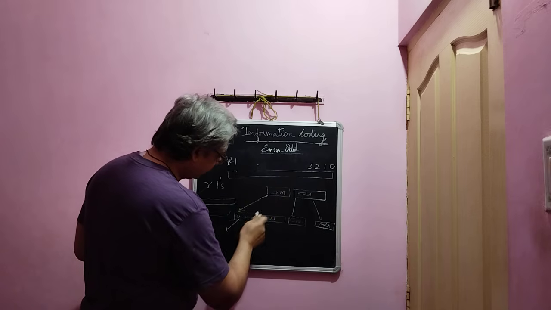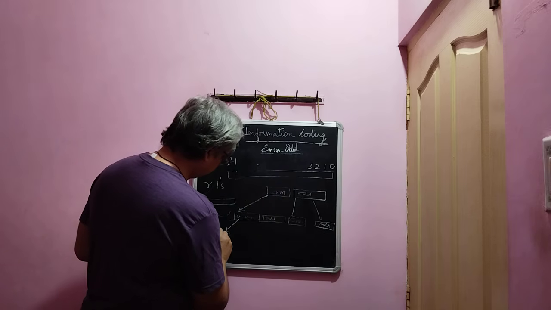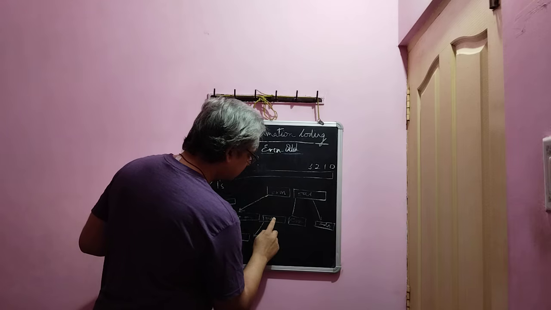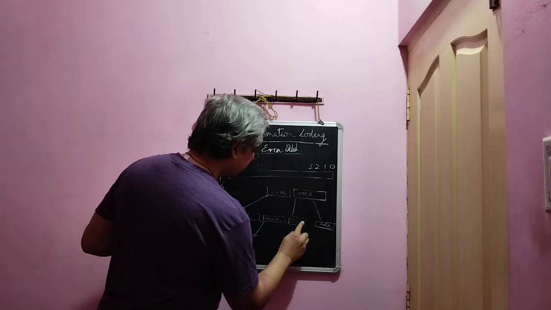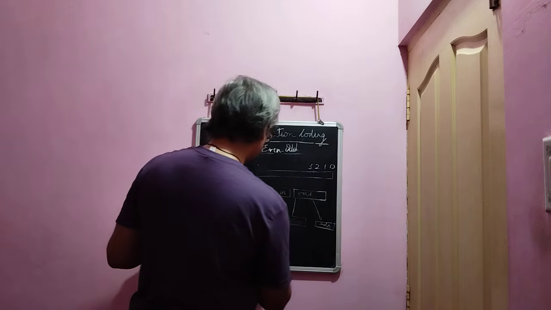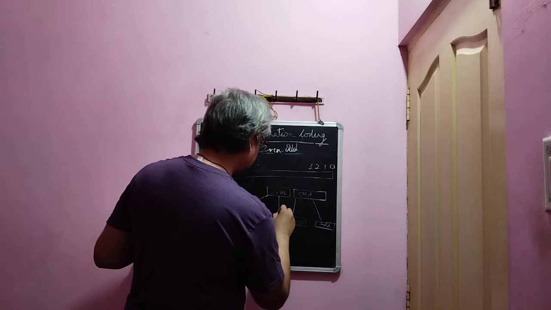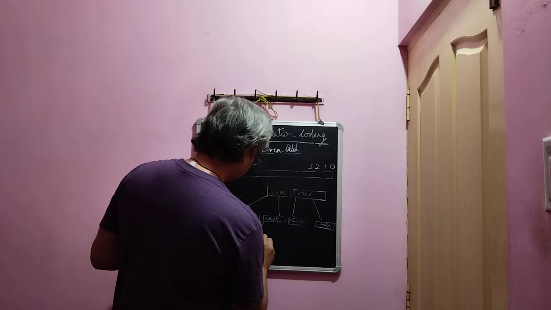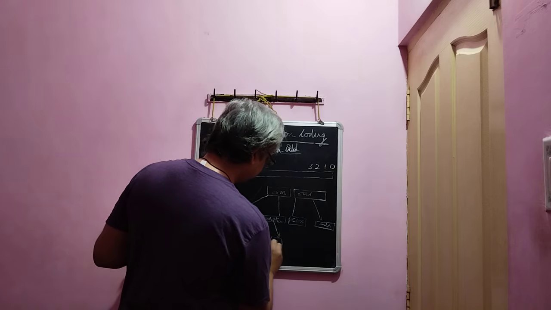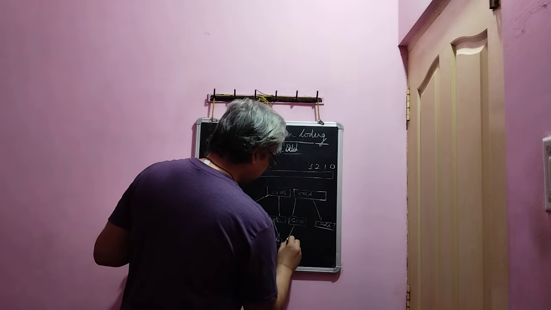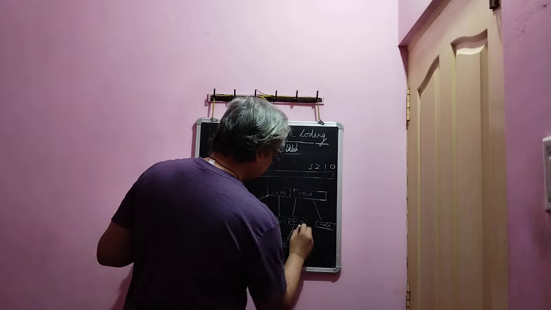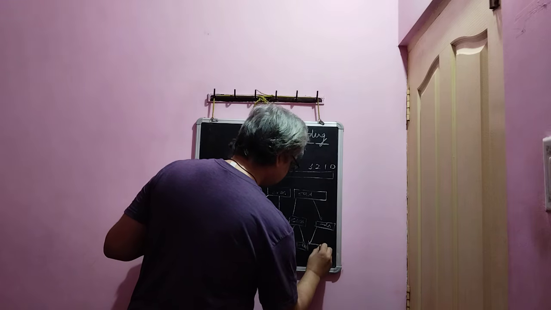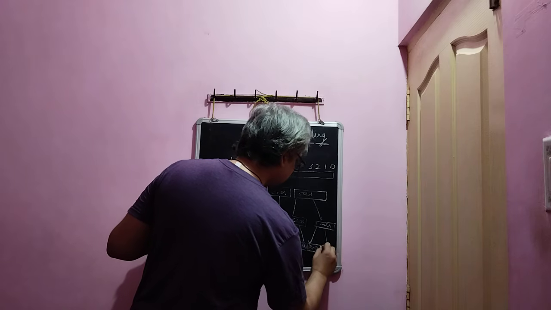Within this even-even you again maintain the number of ones in the even location and in the odd location, and likewise for the others.